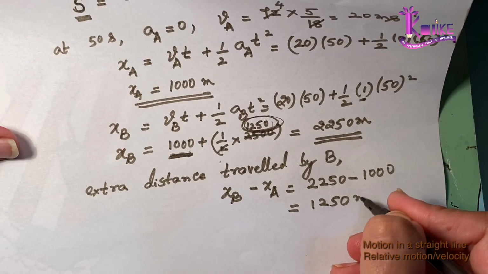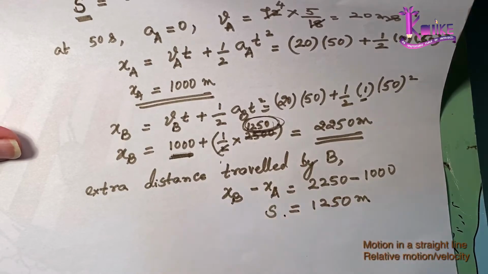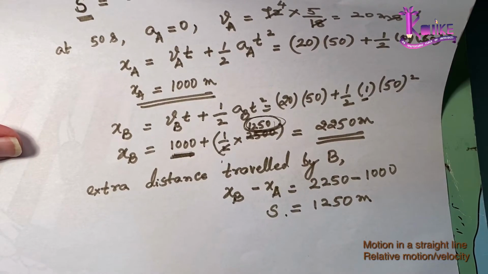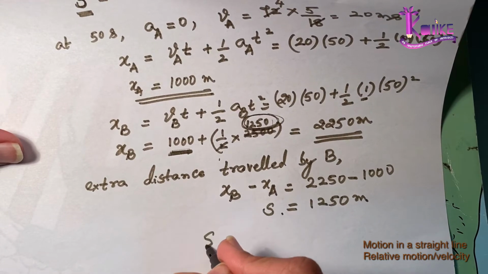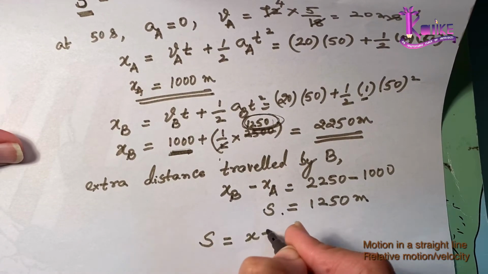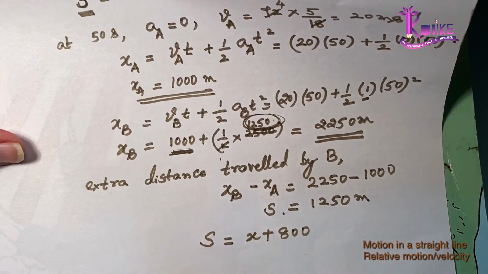Right? So this is actually S, right? Therefore, what is S? S is nothing but X plus 800.